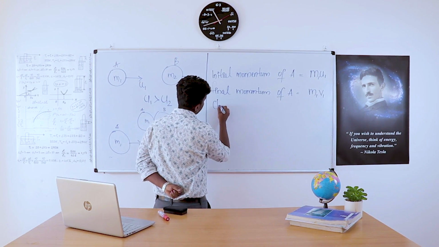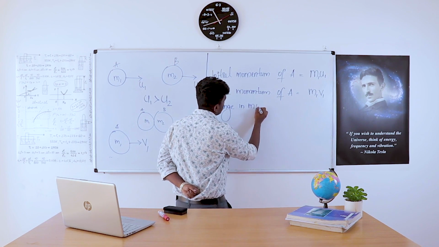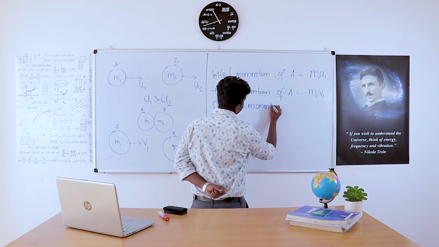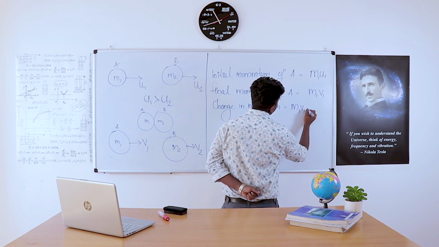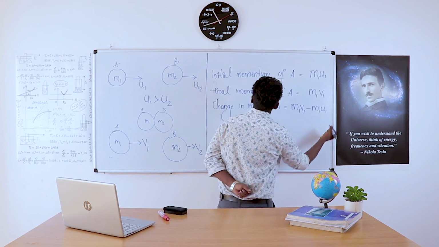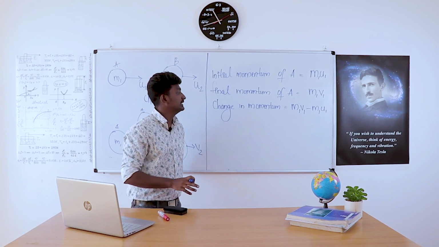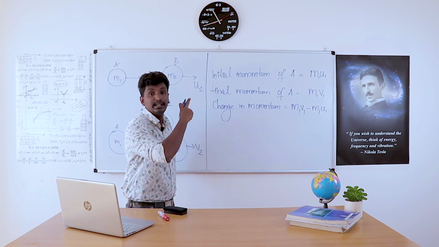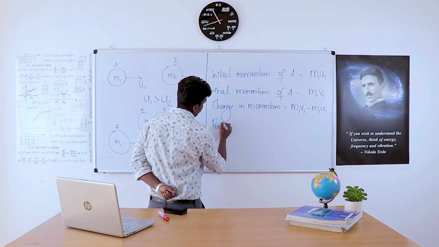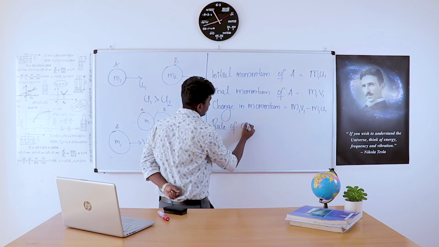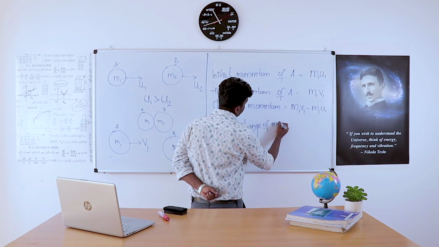Now, change in momentum is equal to m1 v1 minus m1 u1. That is, final value minus initial value always gives the change. Now, rate of change of momentum.